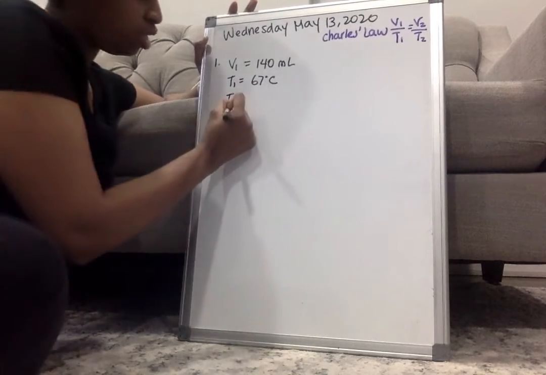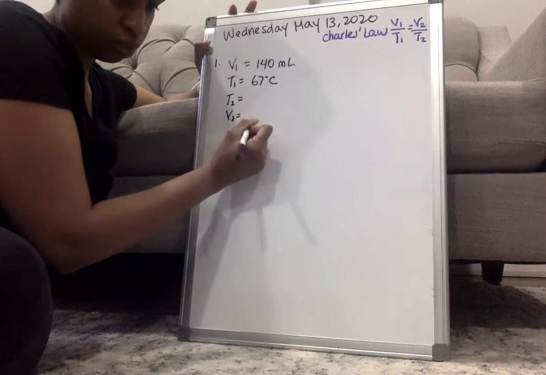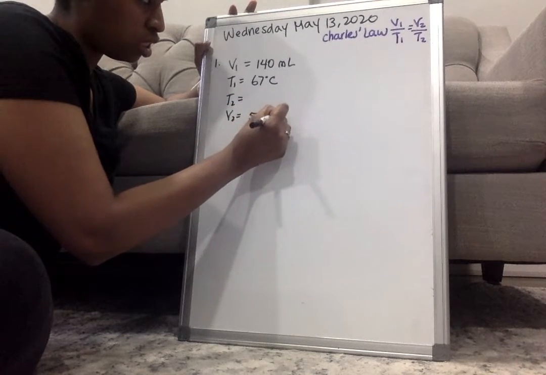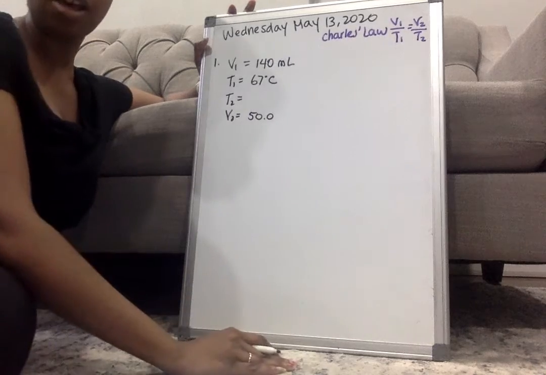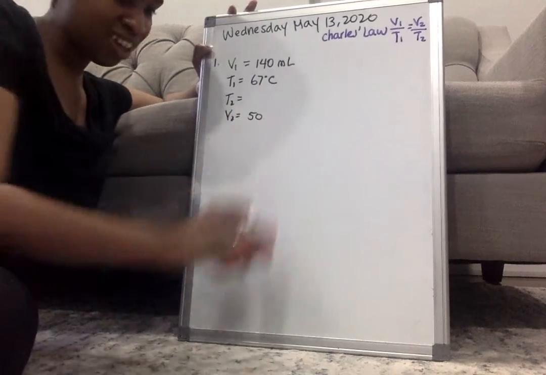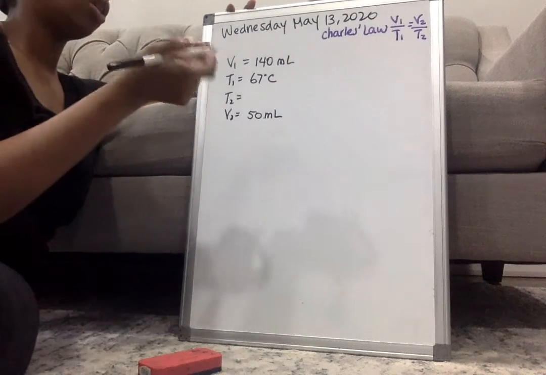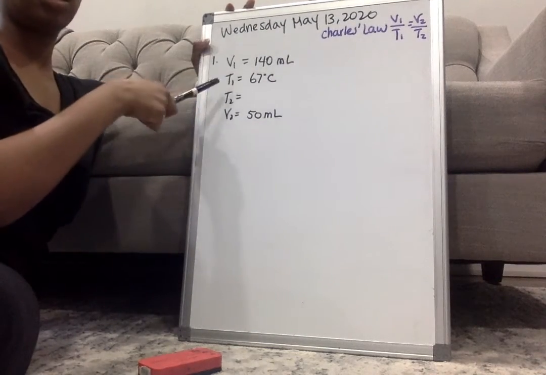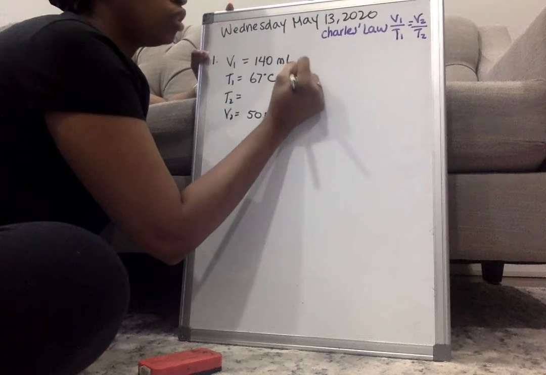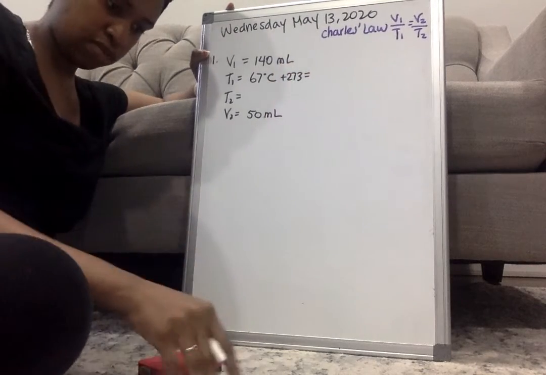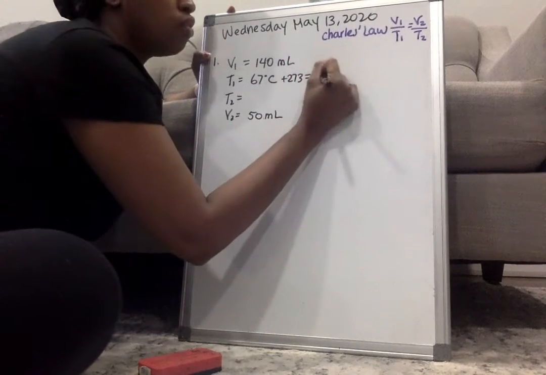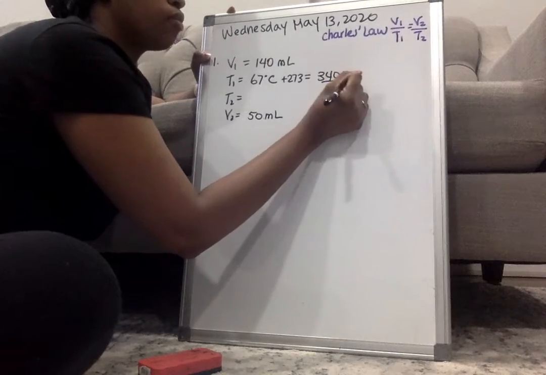If V2 is 50 milliliters, right? So remember, we have to convert Celsius into Kelvin. I'm going to add 273. So 67 plus 273 is 340 Kelvin, right?